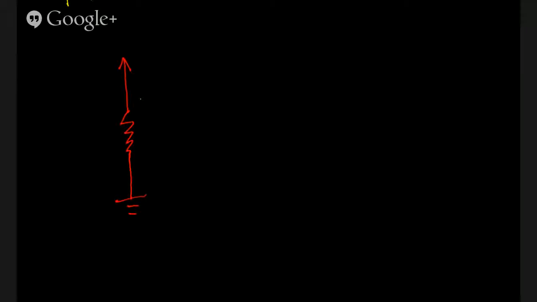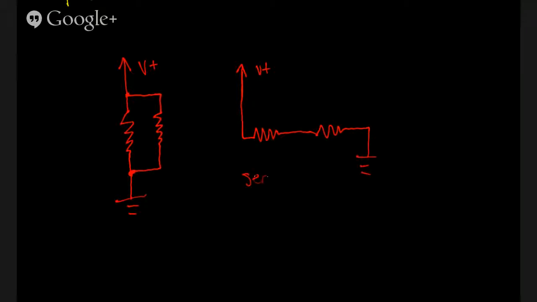So we have a positive voltage source here, so we have a potential through a load. We can also wire in another load in parallel. As opposed to, let's draw another one over here, our other circuit with positive voltage supply, where we've got two resistances in series. So series, parallel.